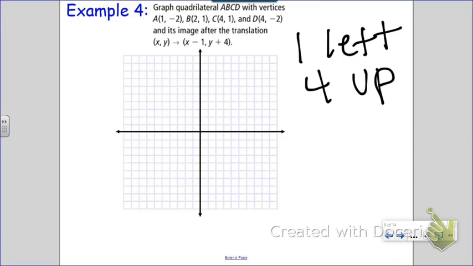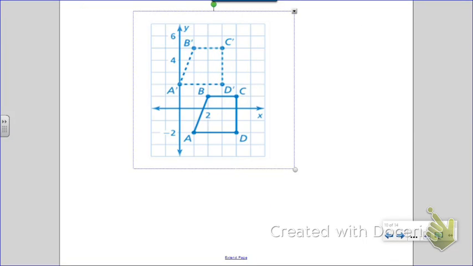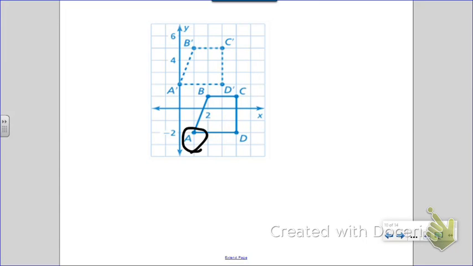And here's what it looks like after it's done. So we have the original image, ABCD, graphed, and then its image after the translation, moved 1 unit to the left and 4 units up. So if we focus on a point, A and A prime, it's 1 to the left and 4 units up.